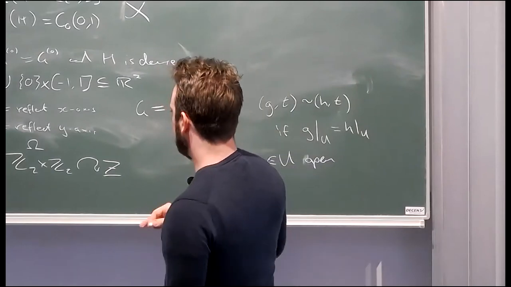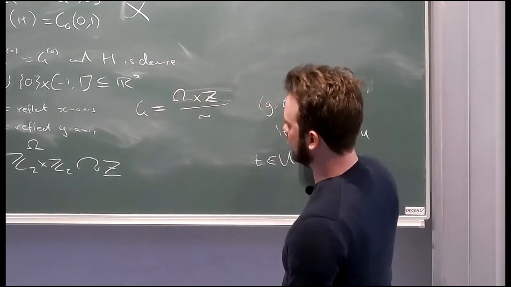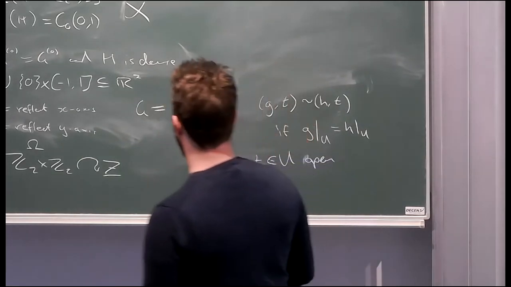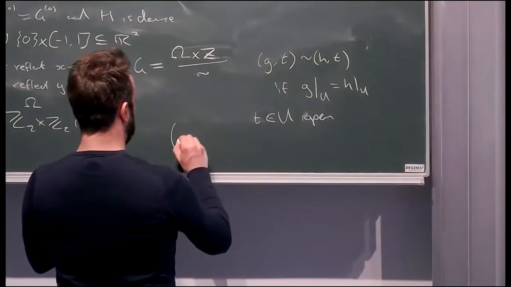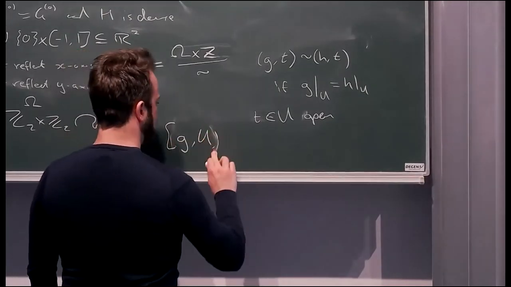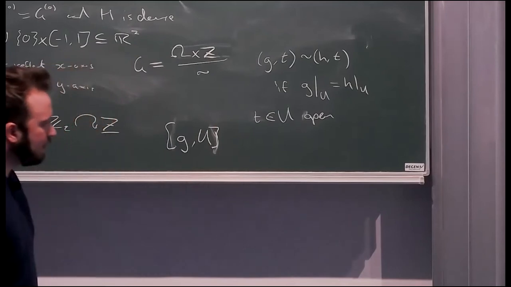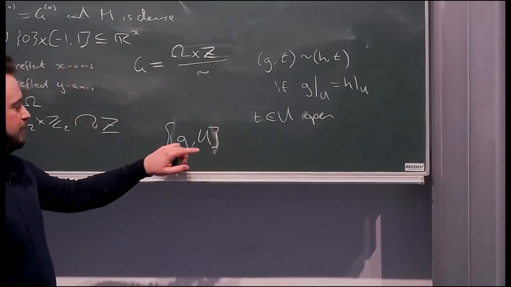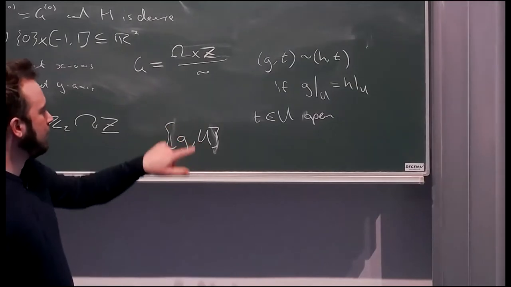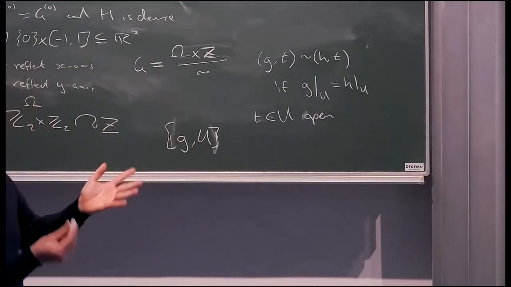And then objects in here look like equivalence classes. The topology you put on this is by saying my topology should look like G, comma U. So essentially just pick a group element and then pick a neighborhood of your base space, and you get an open set.